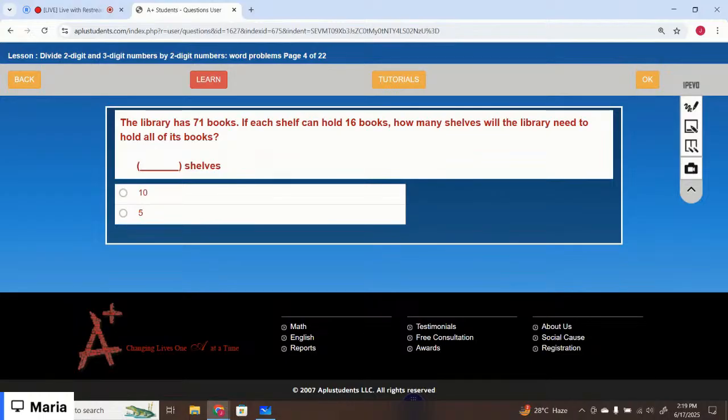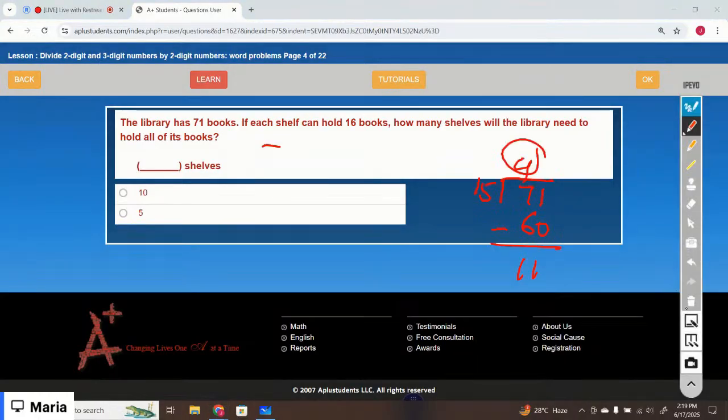So we can go for 16 times 4, that is 64, right? So 4 complete shelves and another shelf will hold 7. So that means the shelves are 5. Option number 2 is the correct option, 5 shelves.